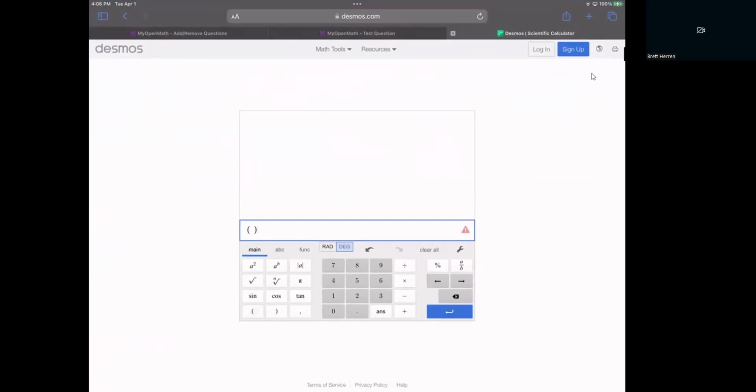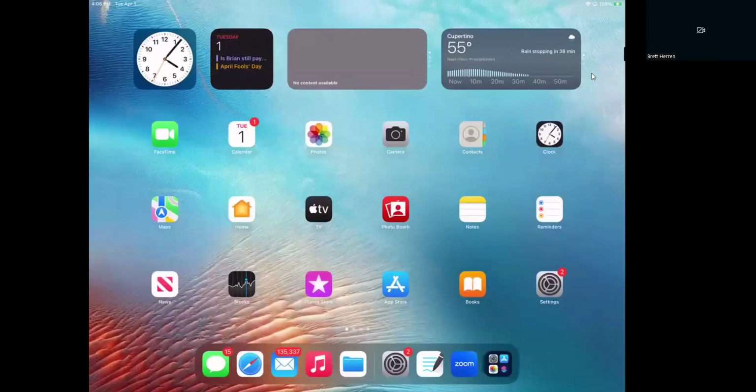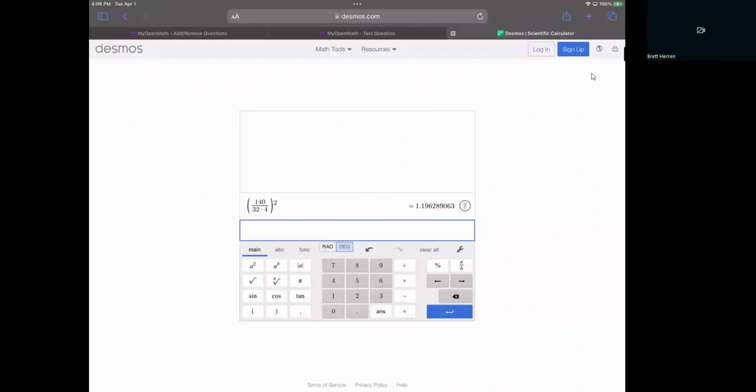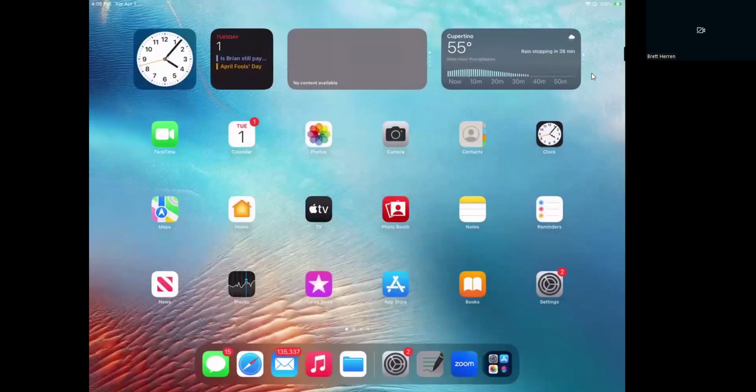So parentheses, 140 over 32 times 4, squared. Is that right? Did I do that right? It's kind of a weird number. 32 times 4, the whole thing squared. Oh, no, the times 4 is in the front.